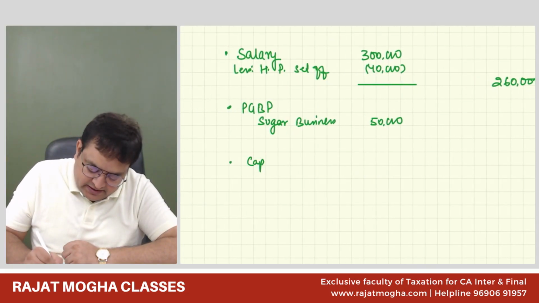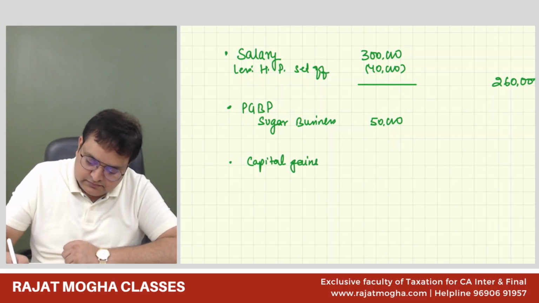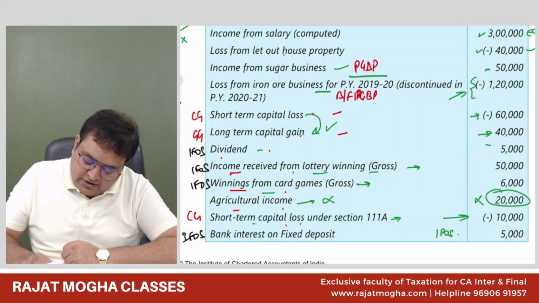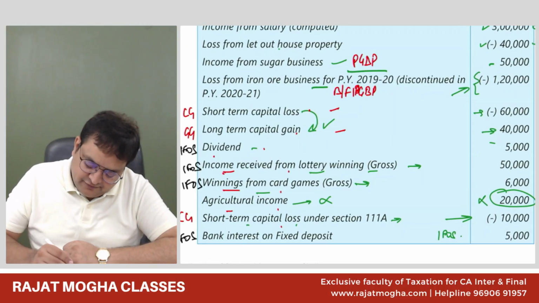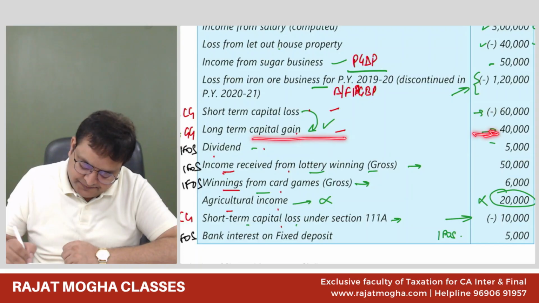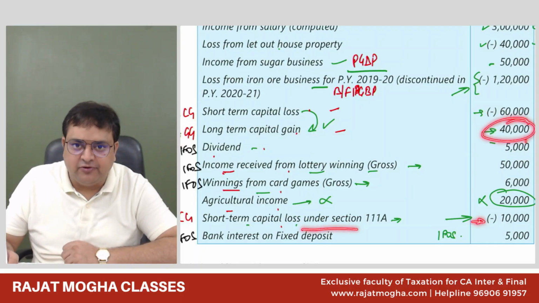Then we have capital gains. So capital gains, we have 1, we have 2, we have 3. So short-term capital loss 60, long-term capital gain 40, and short-term capital loss 10. So first we'll write gain positive.